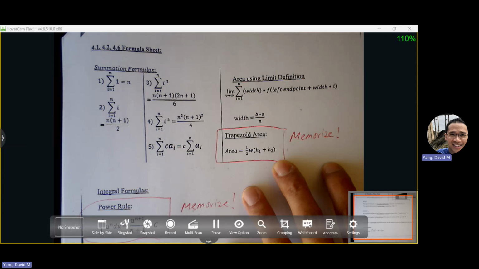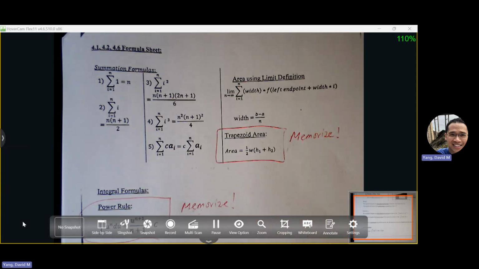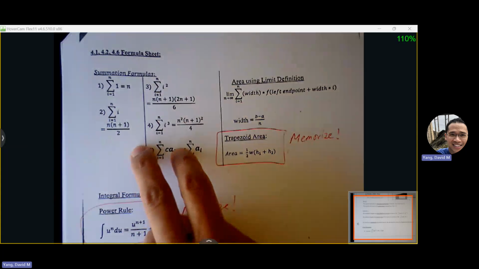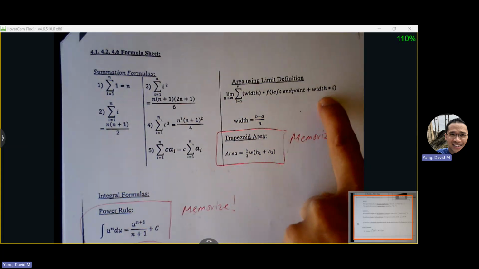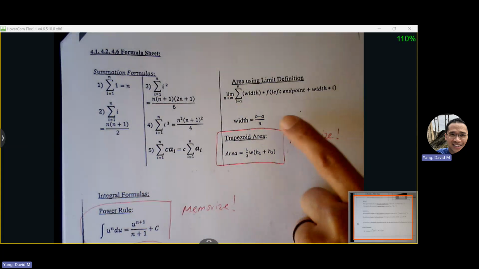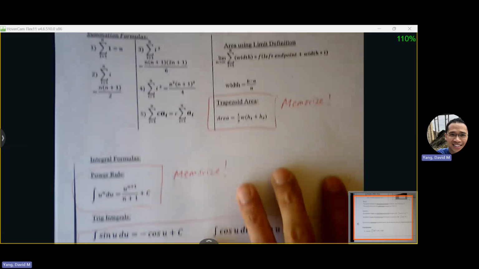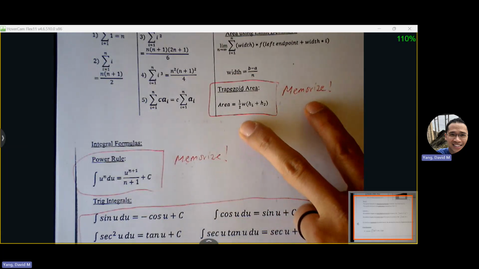Again, I want to talk about what you're expected to know for your quiz. I will give you the summation formulas. I will give you area using limit definition. I'll give you the width formula, but you're going to be expected to memorize the trapezoid area.